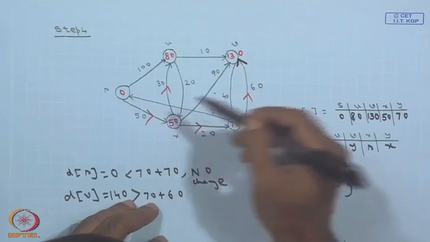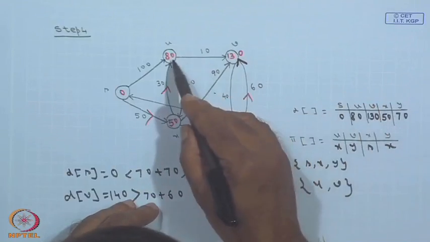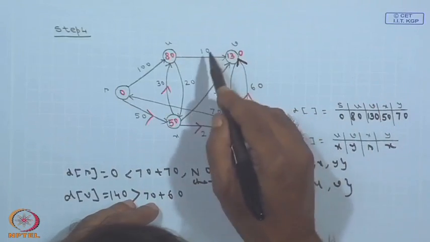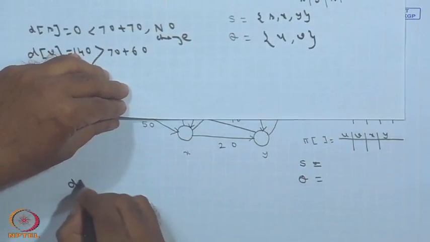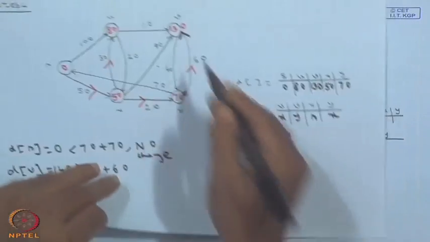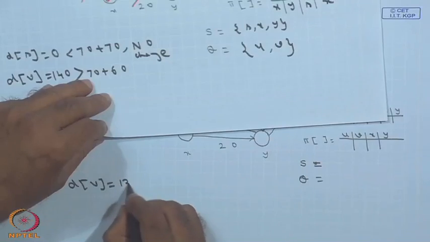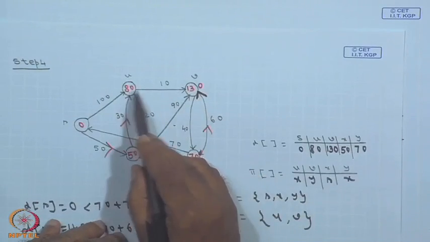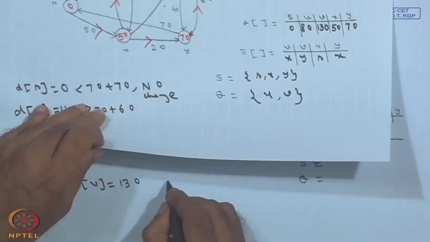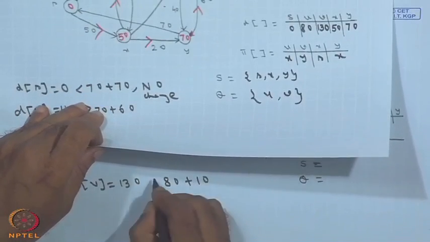This is mod 80 plus 30, whereas for this case, if you see this 130, what is your dv now? dv initially is 130, but if you calculate, this distance is 80 plus 10, that is 90. So, 80 plus 10 is less than this.